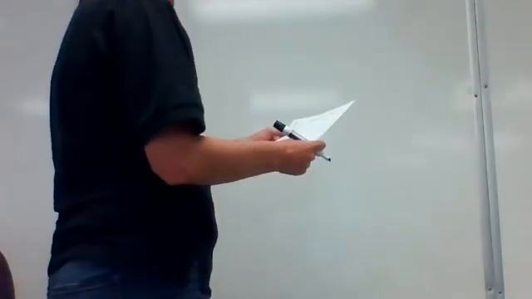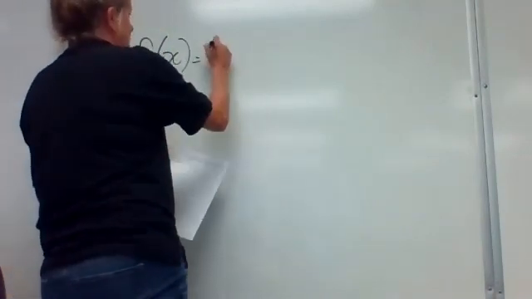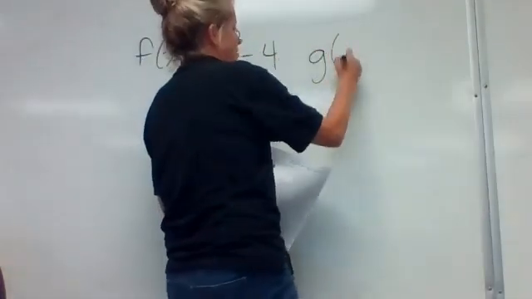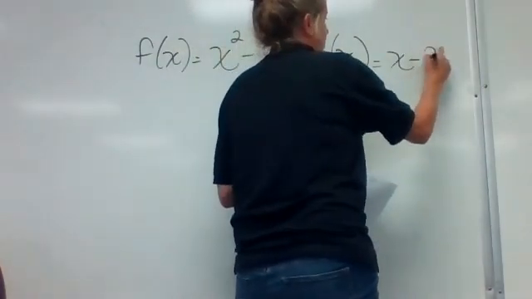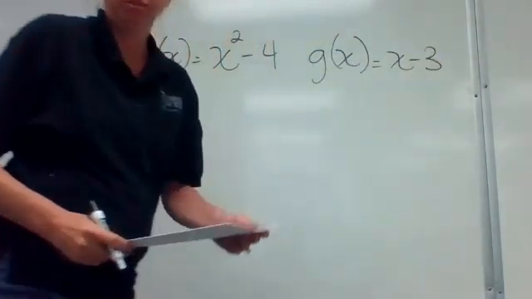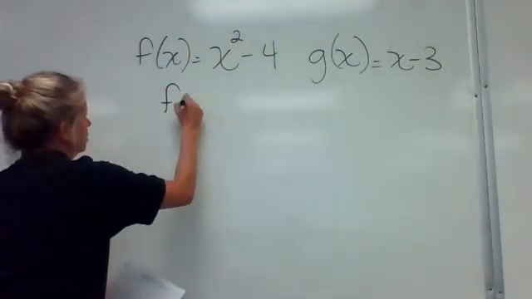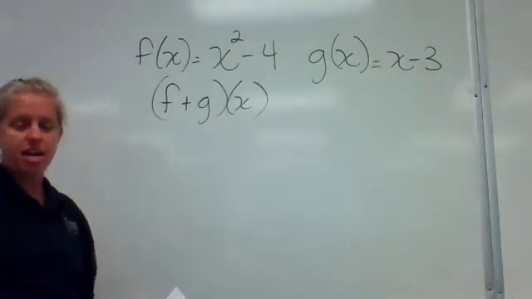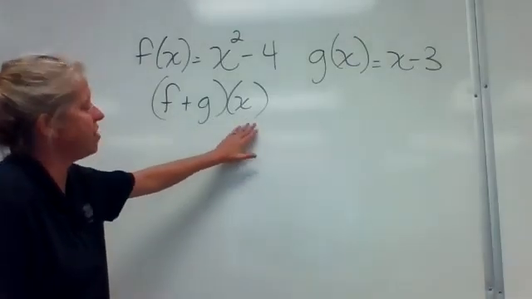So on number 1, my first function that it gives me, my f of x, is x squared minus 4. It gives me another function and it calls it g of x, and it is x minus 3. And it says to find f plus g of x.